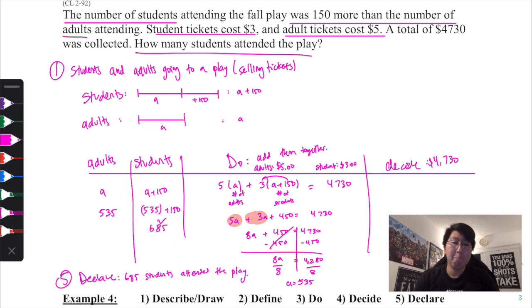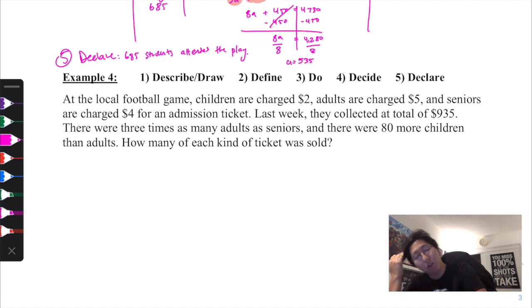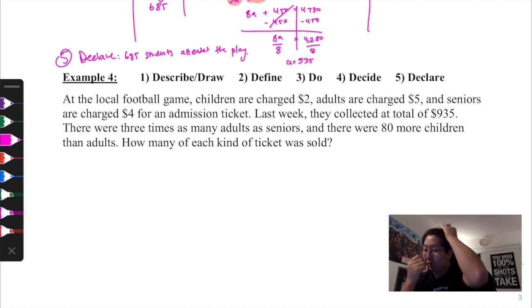Okay, the next problem. A local football game. This one has money involved as well. Children are charged $2, adults are charged $5, and seniors are charged $4 for an admission ticket. Last week, they collected a total of $935.